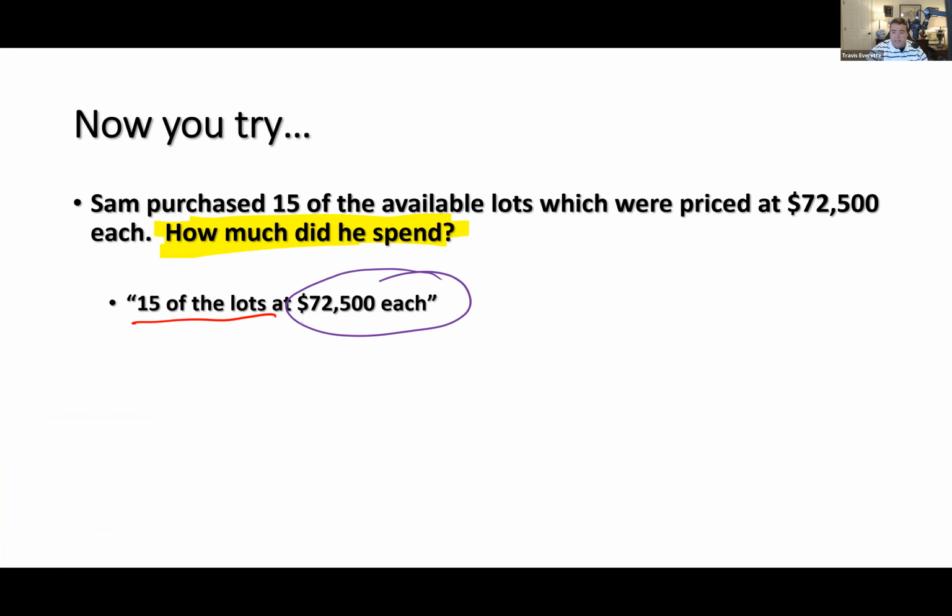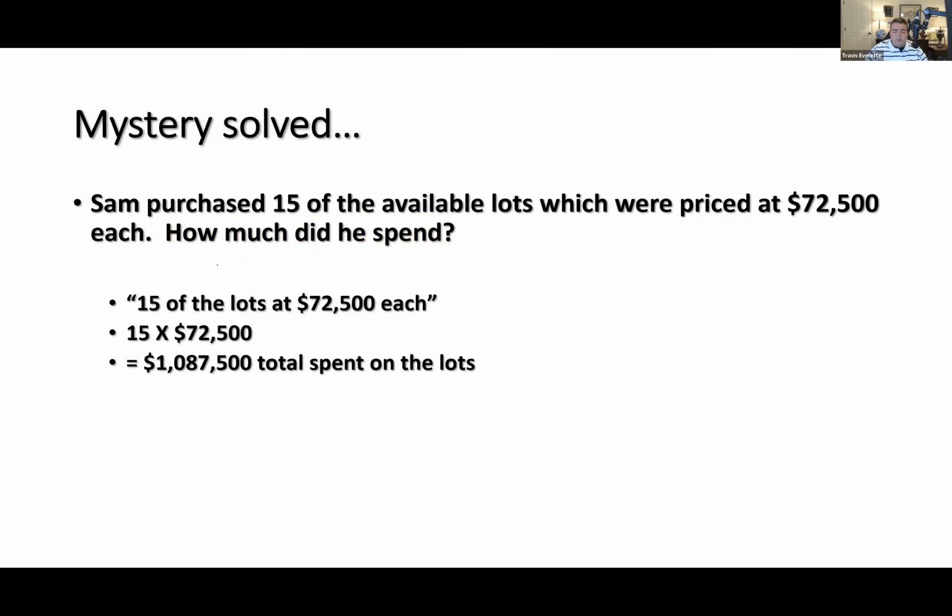Okay. 15 of the lots, and there's that word of, at $72,500 each. Well, we know that the word of means multiply. So can't we just say, okay, 15 of those lots at $72,500 each is the same thing as 15 times, because all we did was substitute here the word of for the multiplication symbol. 15 times $72,500.